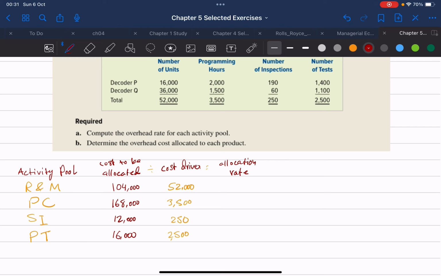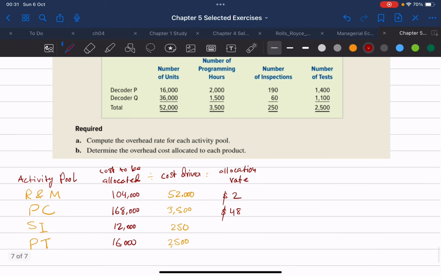That's 2, so that's $2 per unit produced. Then 168,000 divided by 3,500. That will give us $48 per programming hour. So let's write it so you also know what that is. This is $2 per unit. This is $48 per programming hour, PH I'll call it.